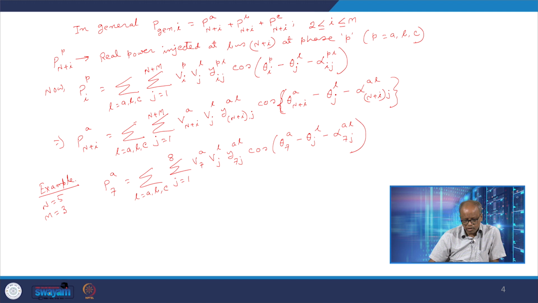So for this, j is equal to 1 to 8. For 7 1 it would be 0, when it is 7 2 it would be there, when j is equal to 3 it is 0, when j is equal to 4, 5 or 6 it would be 0, and when j is equal to 7 it would be non-zero.